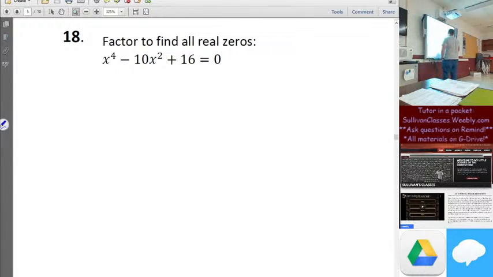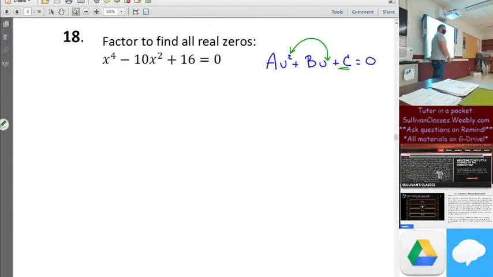If I ever have a u squared plus b u plus c is 0, the catch is that this degree has to be half of that degree and then a constant. That's what quadratic form is.